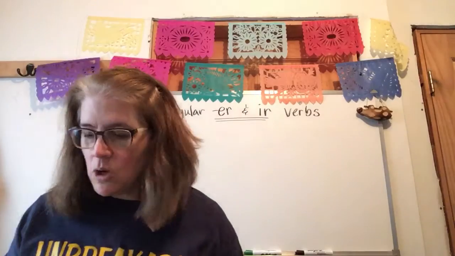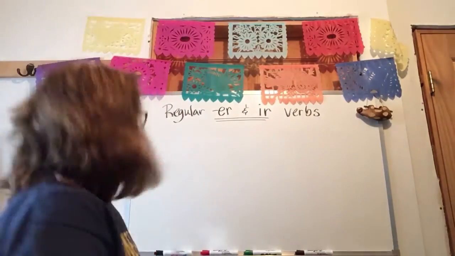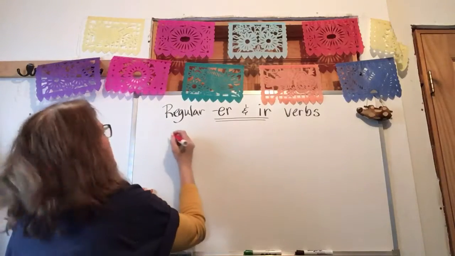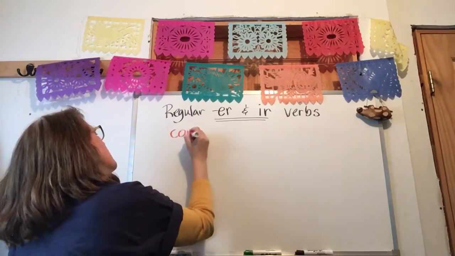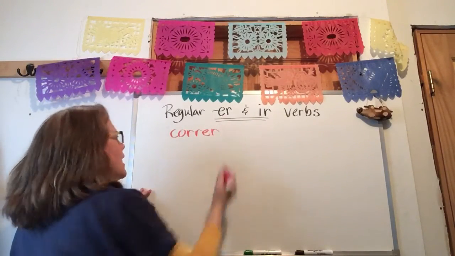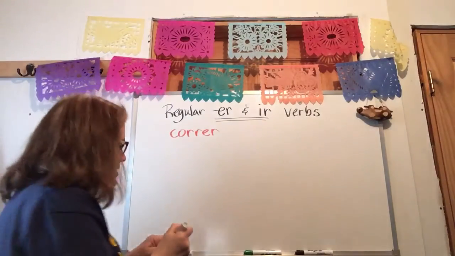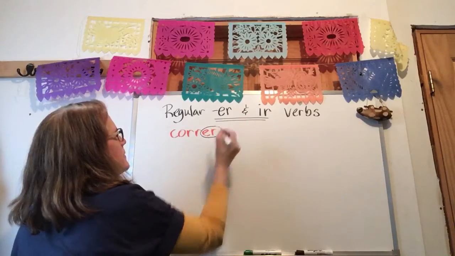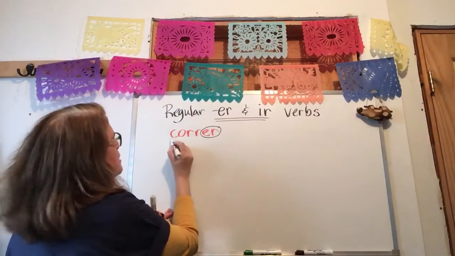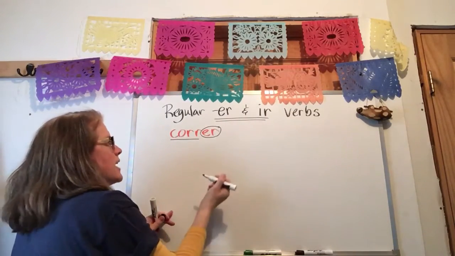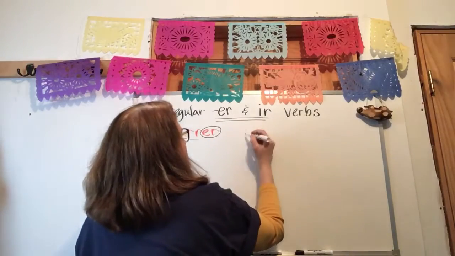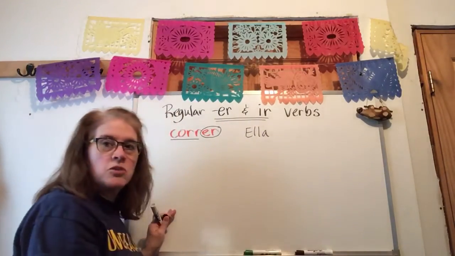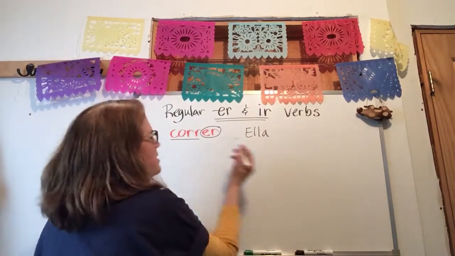Okay? So let's talk about some of our verbs. You remember to run. Okay? So correr. All right. What kind of infinitive is this? ER, right? Here's our stem. So depending on who the subject is, let's say it's ella, and we want to say she runs, we're going to do what?